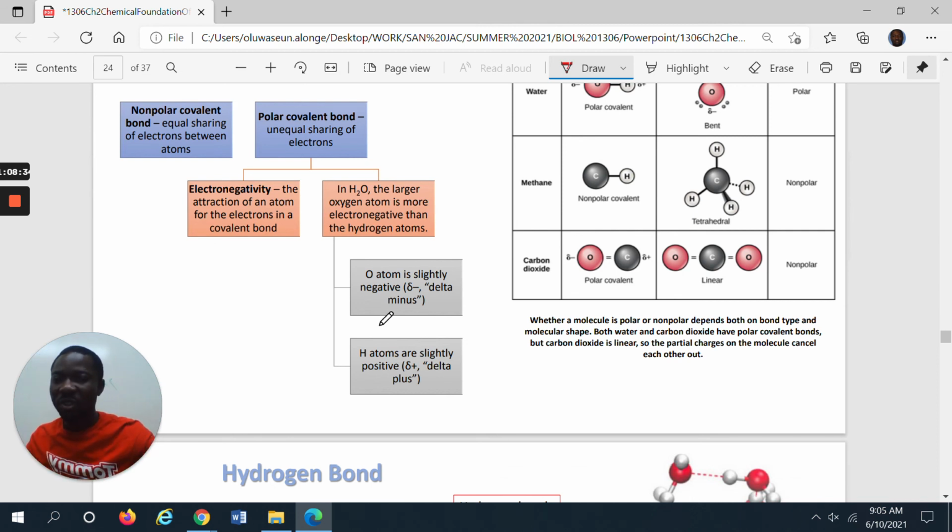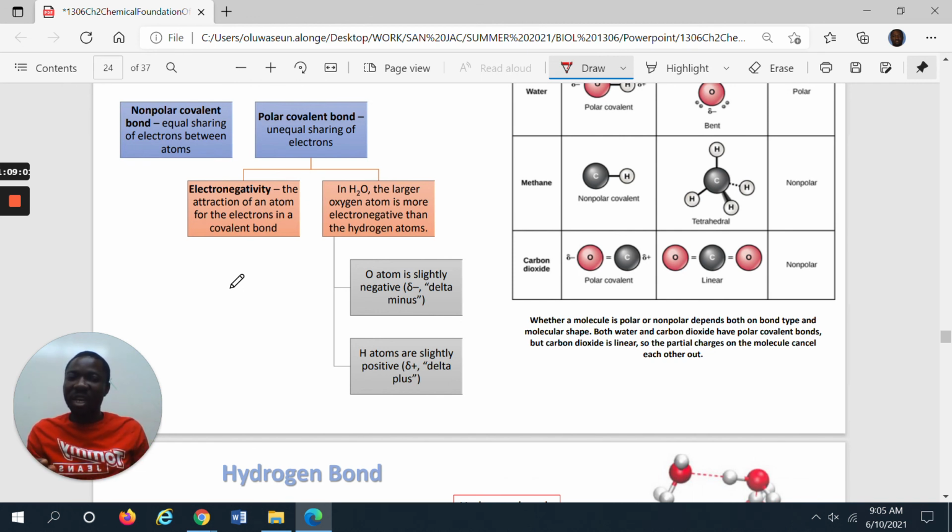At that point, we talk about what we call electronegativity. The bond between hydrogen and oxygen that forms water is a kind of covalent bond. But oxygen is more electronegative, so it will attract electron more than hydrogen. Does that make sense?